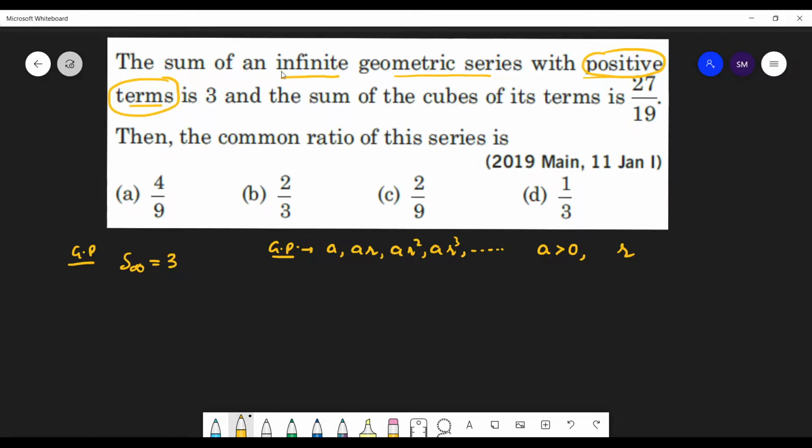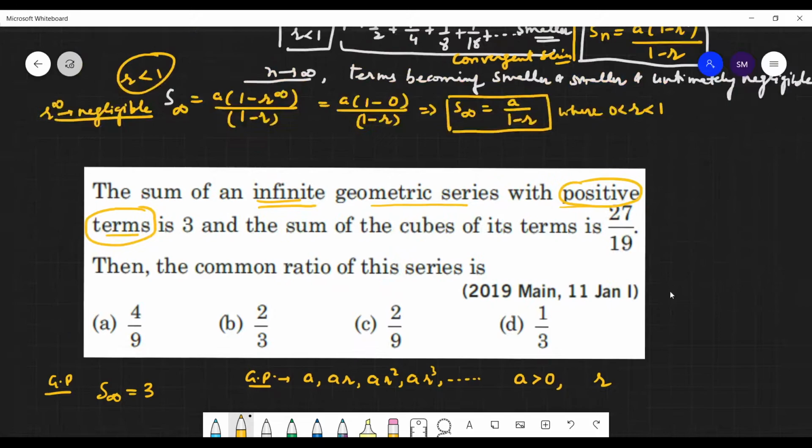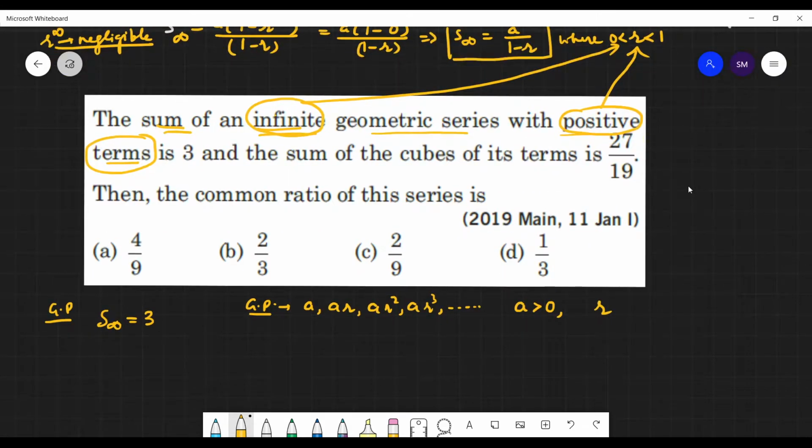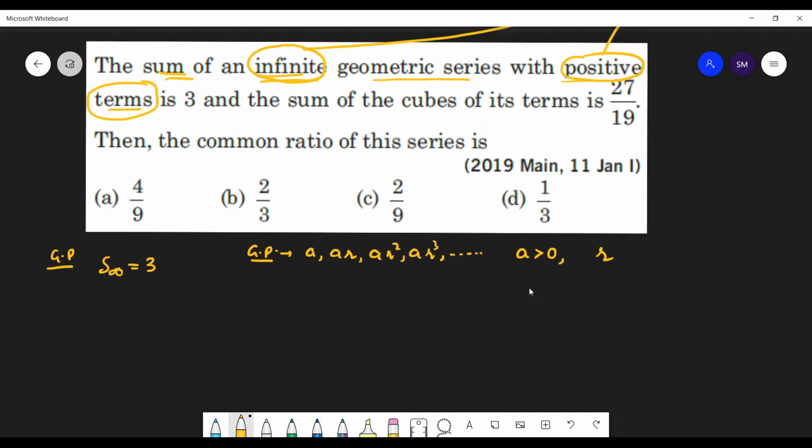And as I told you the condition for the infinite series, above here I have written this condition, positive terms, and as the series is infinite, so you are finding the sum of infinite. It means R is between 0 and 1. Okay, students, agreed? So R is between 0 and 1.